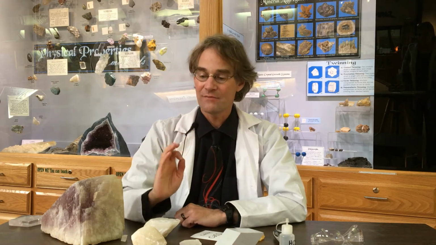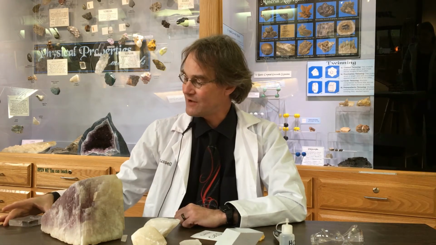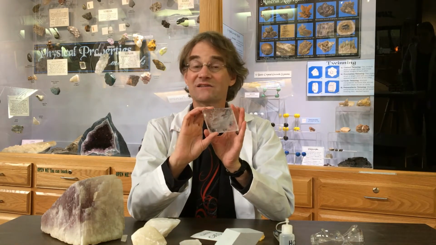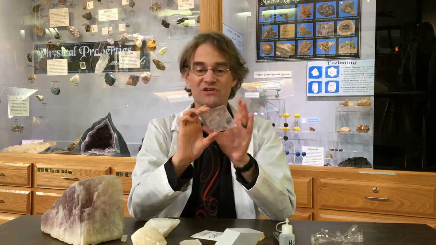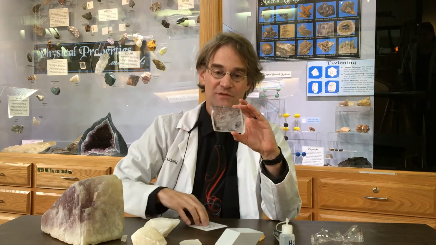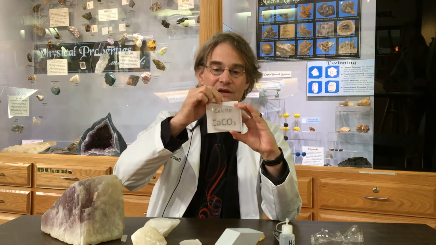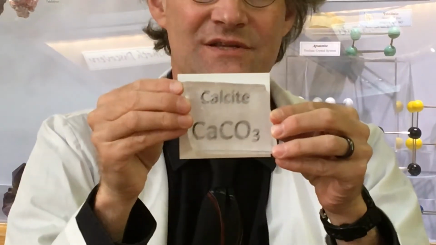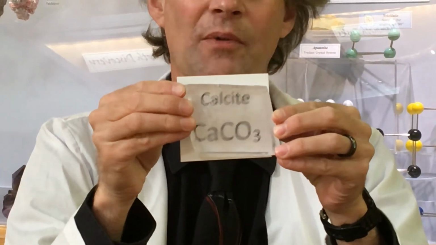And it has a number of features that enable us to identify it. Now, if you've got a nice clear piece of calcite, this is a piece of Icelandic spar, which is just a clear form of calcite. And if you get a piece of paper with some words on it and put it behind that piece of Icelandic spar there, it splits the image into a double image.